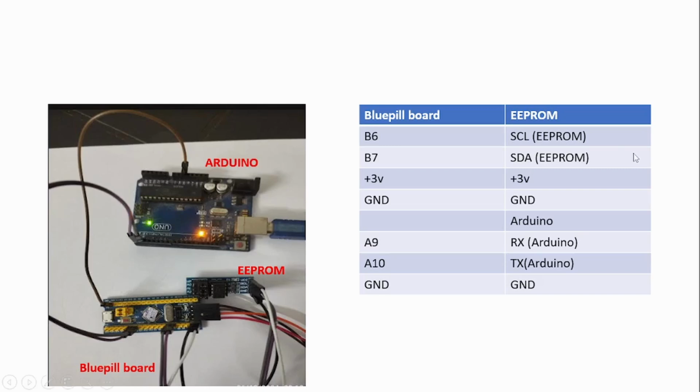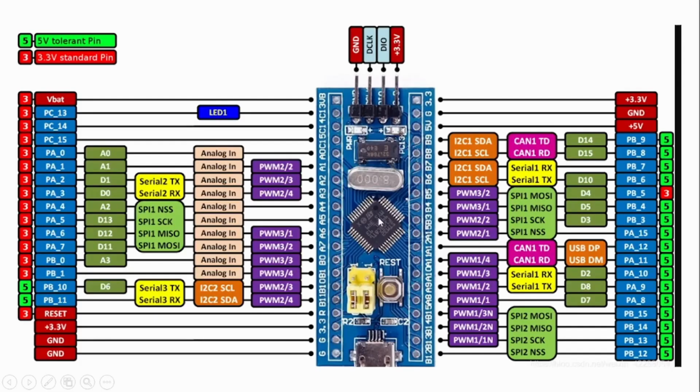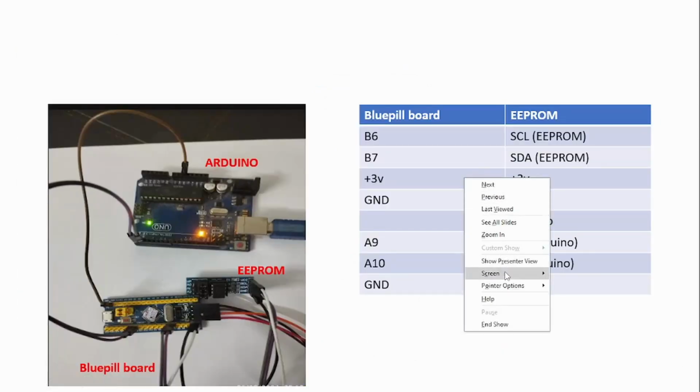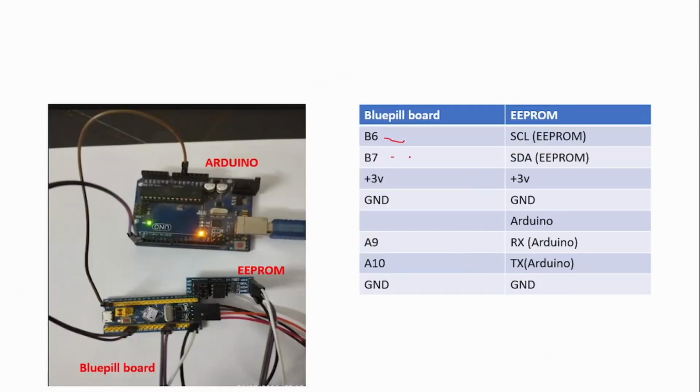Okay, so here you can see the connections: B6 of the Blue Pill is connected with SCL, B7 with SDA, supply with supply, ground with ground. Then A9 with RX of the Arduino, A10 with TX of the Arduino, ground with ground. B6 and B7 are for I2C, A9 and A10 for serial.